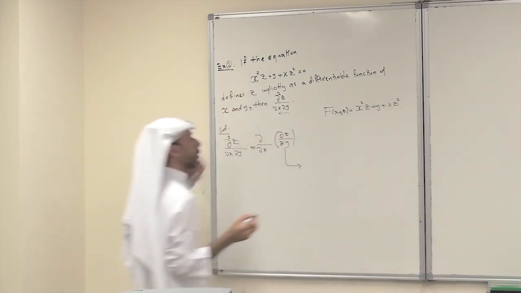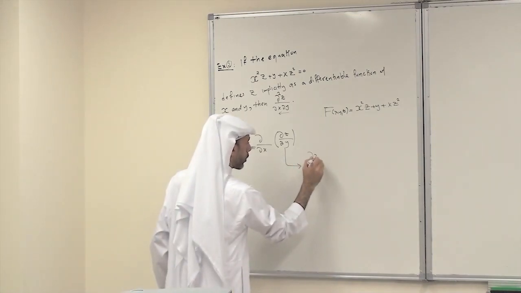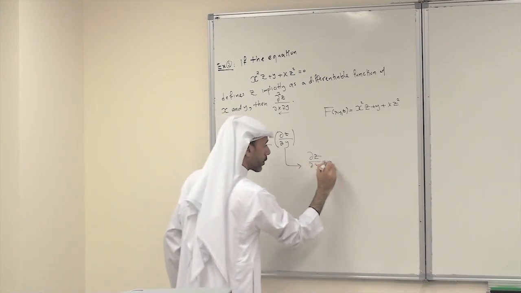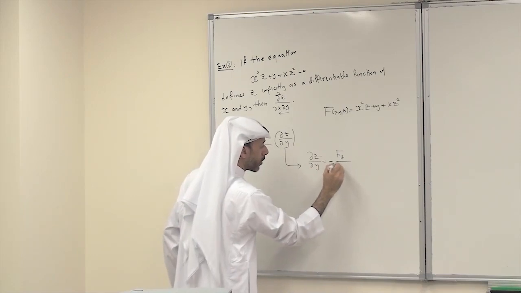Now to find partial z, partial y, according to the formula it is minus F sub y over F sub z.